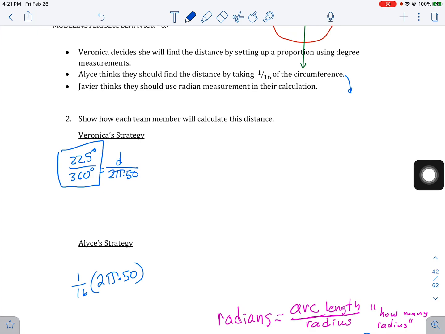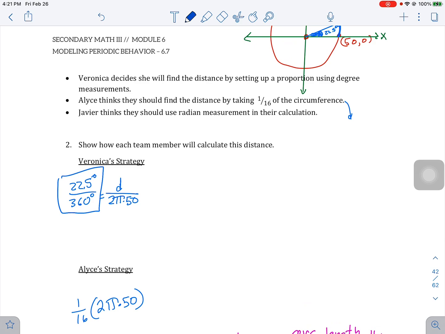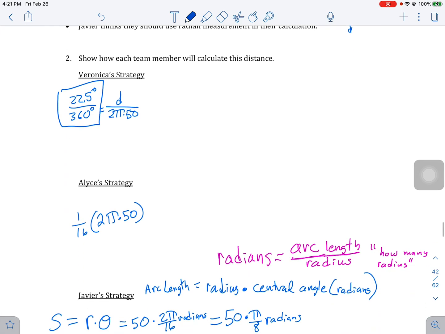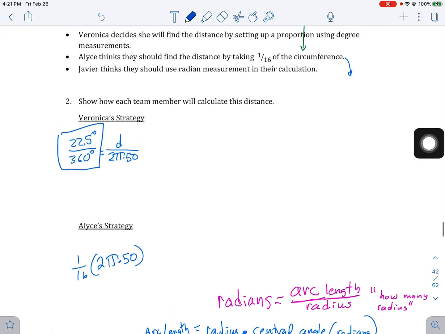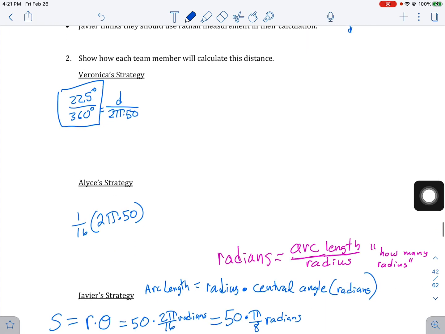And so you could do it as one way to calculate that distance. Another way you could do it is Alice says they should take 1/16 of the circumference. So here is 1/16 of the circumference. Now notice 22.5 divided by 360 is the same thing as 1/16.